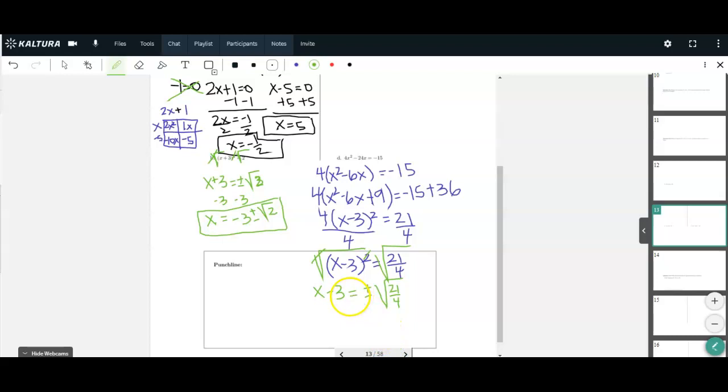And then the last thing to do would be what? Add 3. Add the 3 over. So x equals 3 plus or minus the square root of 21/4. All right, and if this could simplify, you want to simplify it, but I'm perfectly good with this answer also.